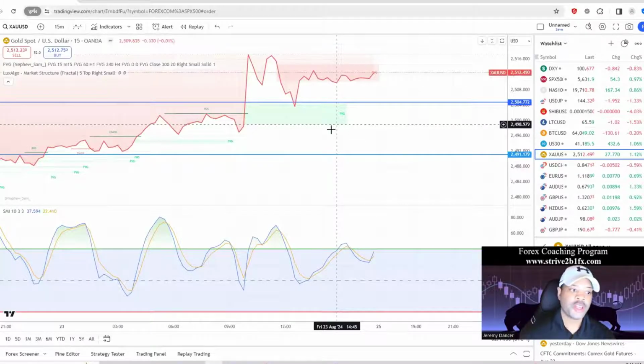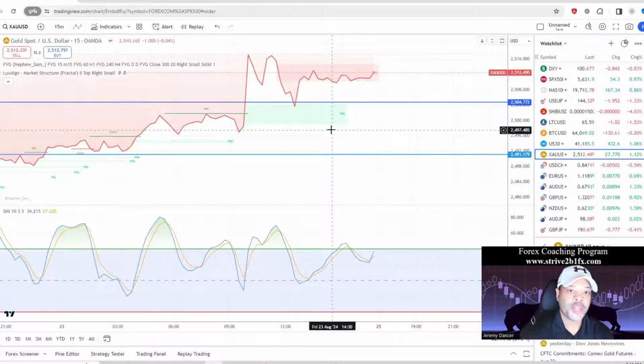All right. Just briefly, fair value gaps spot imbalances in the market. Imbalances in the market is how we make money. When the market is consolidating, it's because the market is balanced.